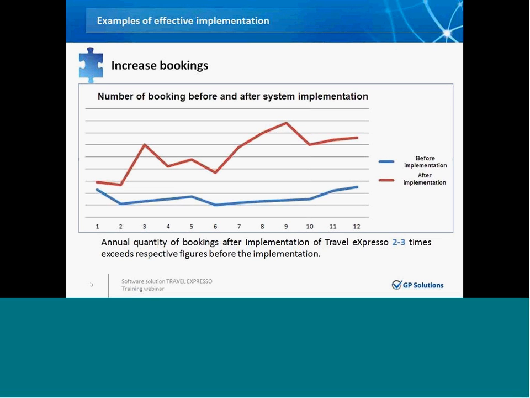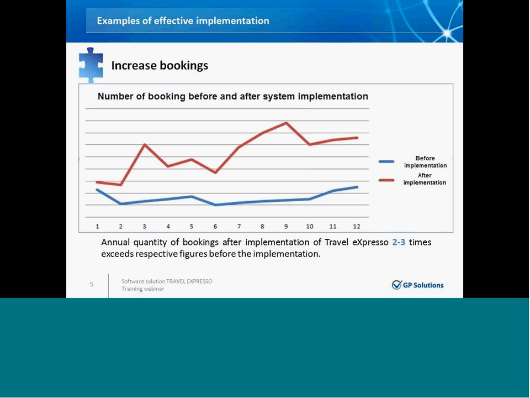Let's see some examples of what the system allows to achieve some time after it is implemented. The first achievement can be an increase in bookings. On the diagram here, you see our average statistics about how many bookings our clients had before implementation of the system and after implementation.